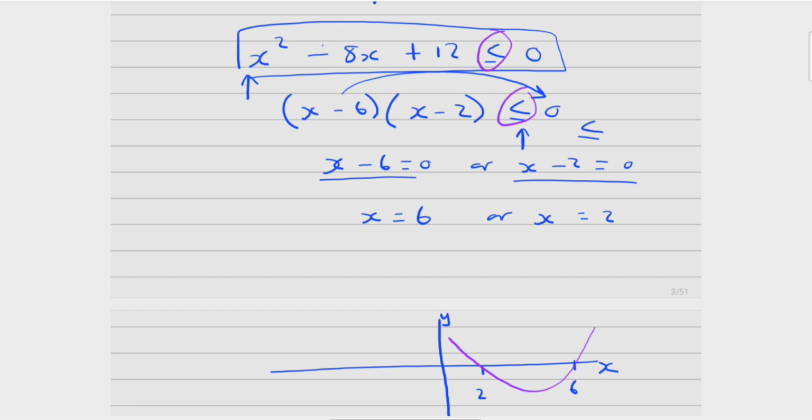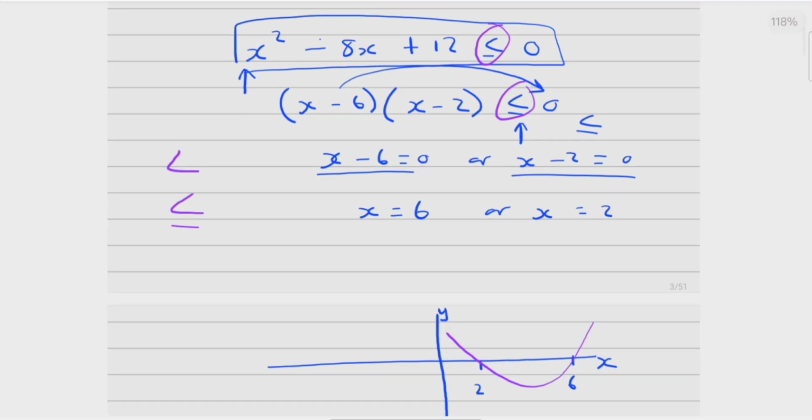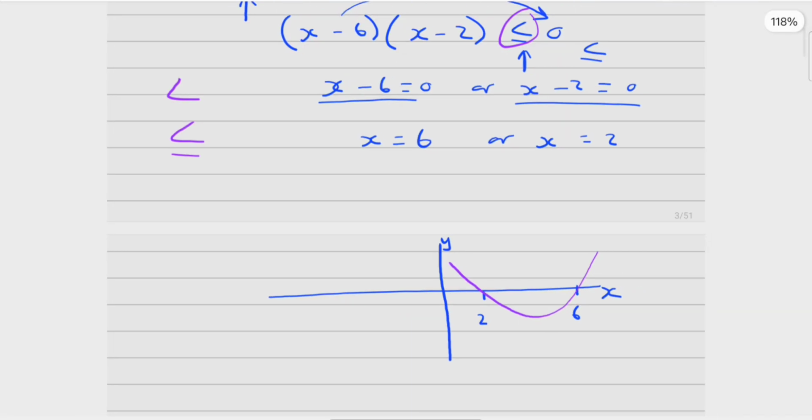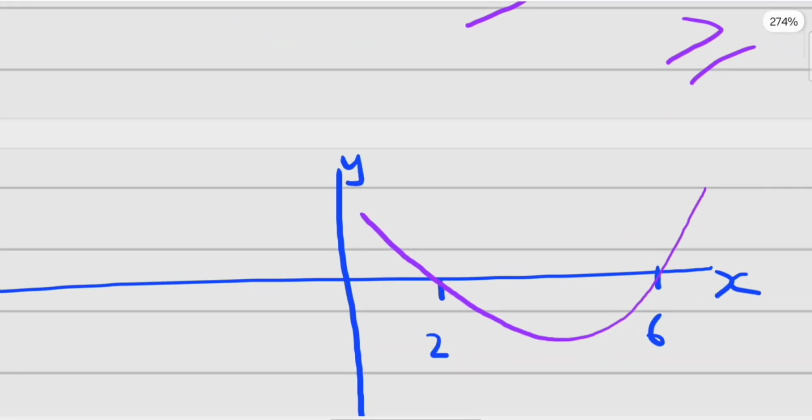Whenever we have less than or equal to, we are mainly focusing on this region below the x-axis. And whenever we're given greater than or equal to, we are looking at the regions above the x-axis, which in this case will be this region and this region.